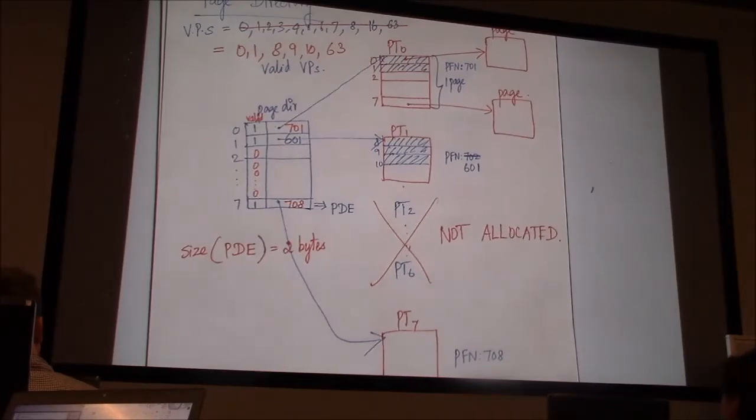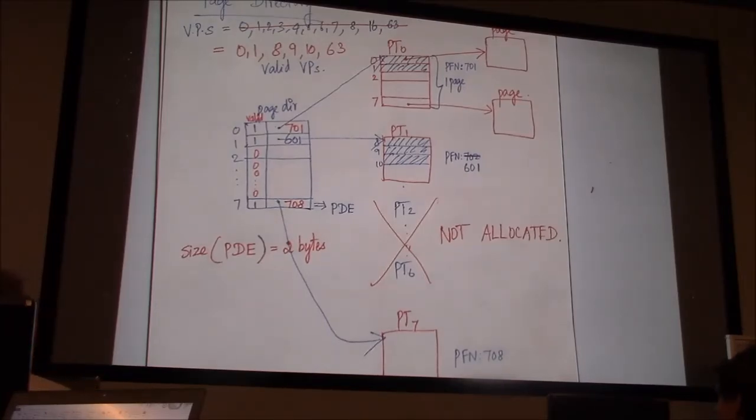Shall we go through an example for this? I'm not very sure if I can complete the example if I start right now, so maybe I'll postpone it to the next class.